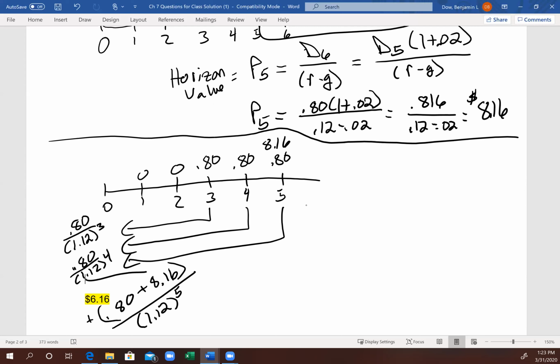So the 80 cents 3 years from now is worth about 57 cents. The 80 cents 4 years from now is worth about 51 cents. And the $8.96 5 years from now is worth about $5.08.